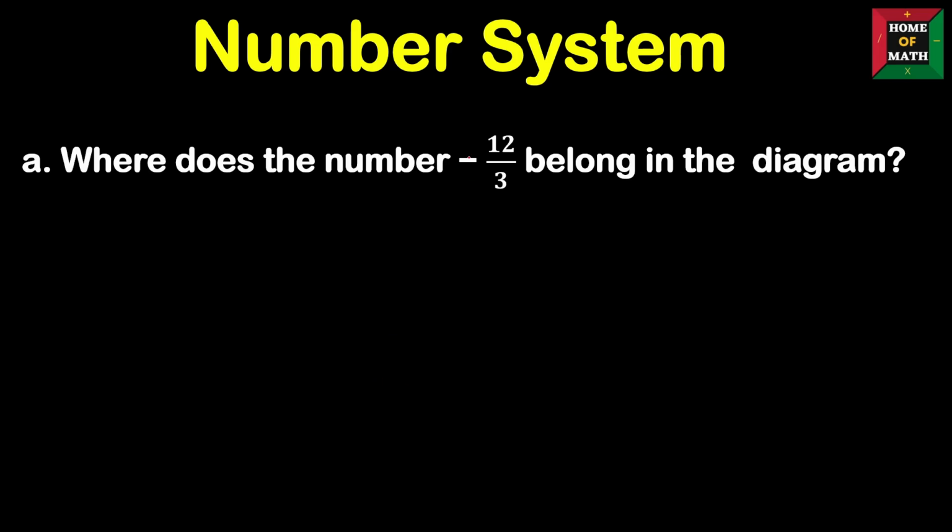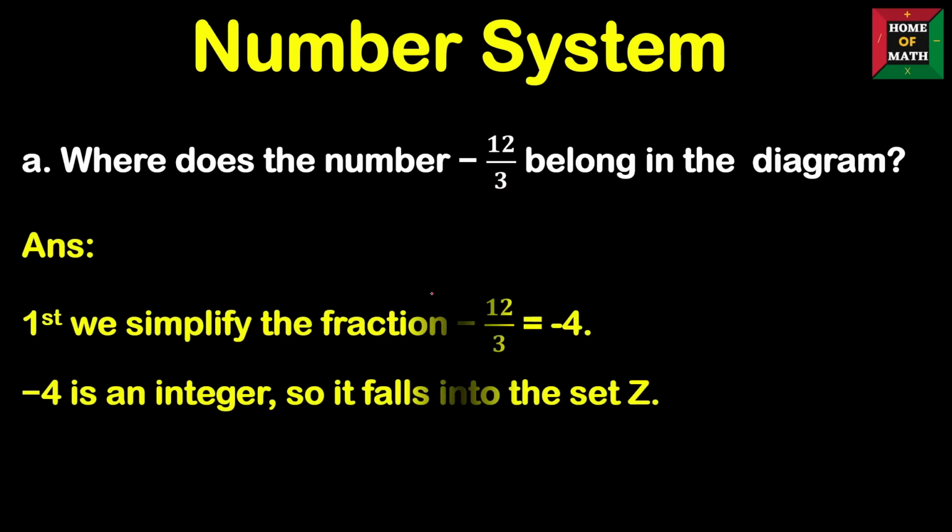Before finding the place, we have to simplify it. -12/3 means -4. It means 12 divided by 3 is 4, right? Then we know -4 is an integer, so it falls into the Z set.